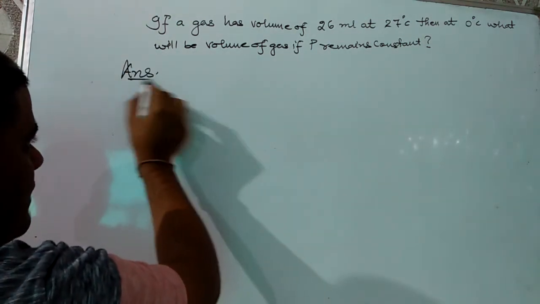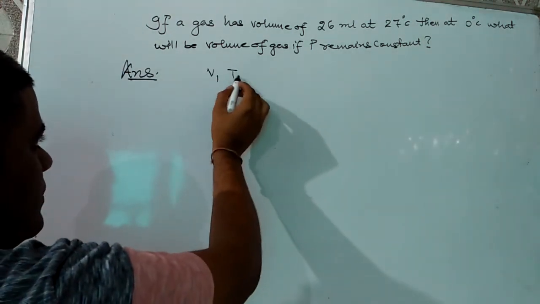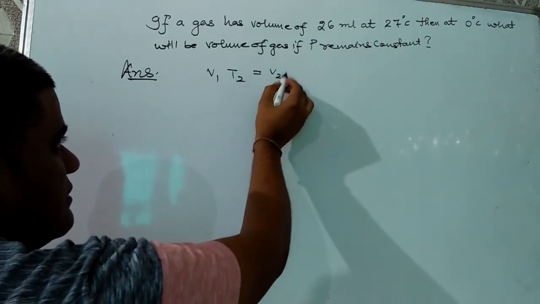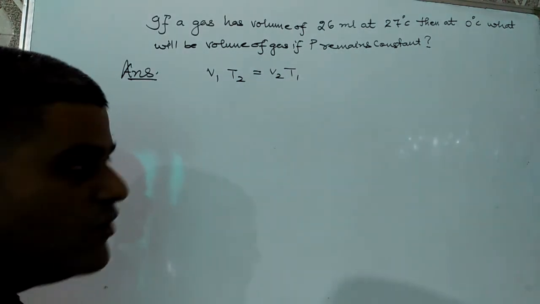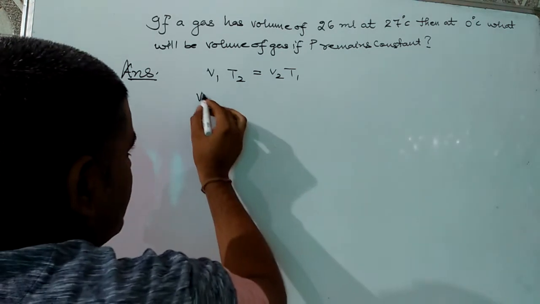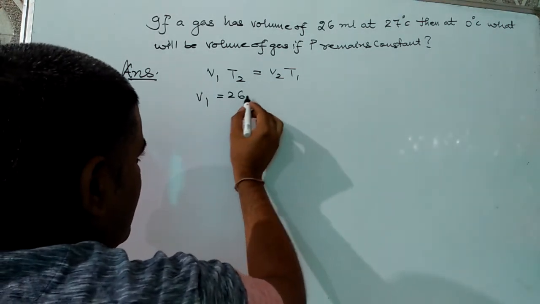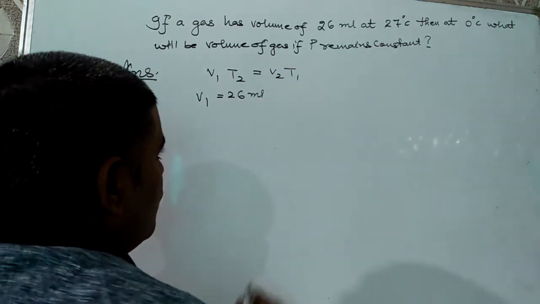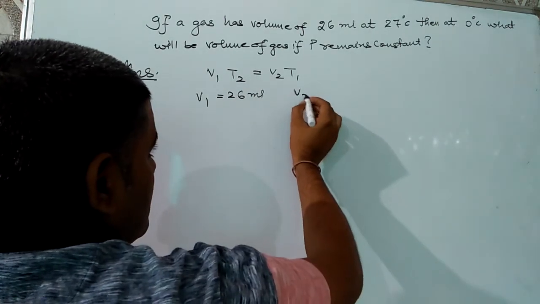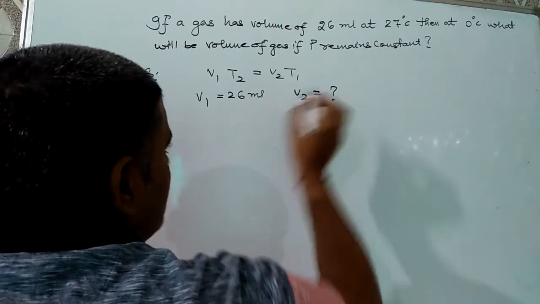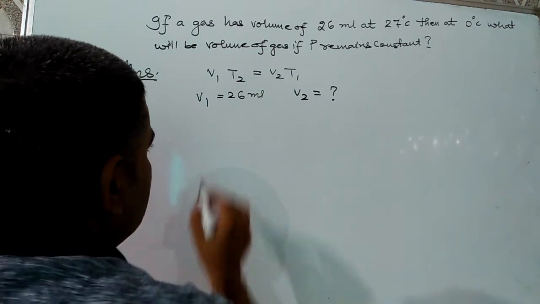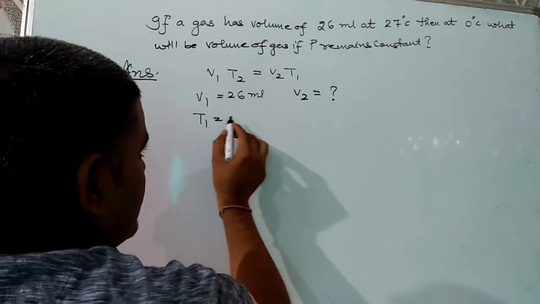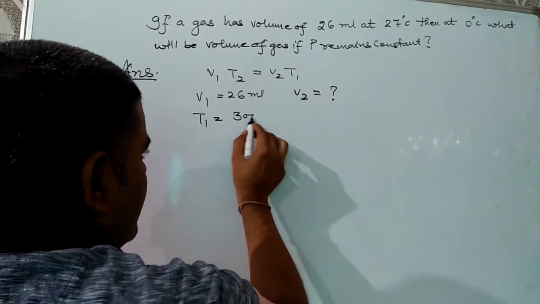Here we have to apply the same formula, V1 T2 is equal to V2 T1. V1 is given, that is 26 ml. V2 we need to find. T1 is given, that is 27, means 300 Kelvin.